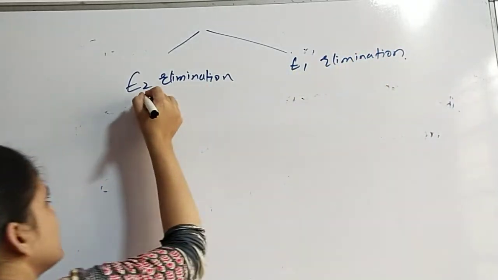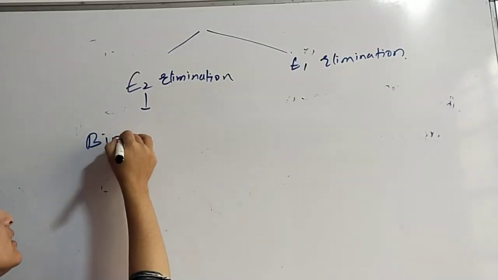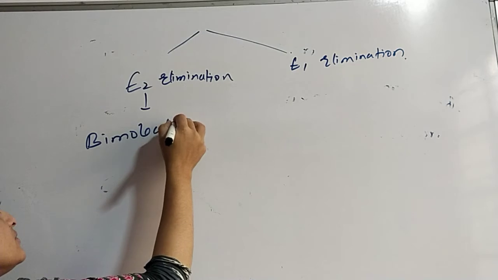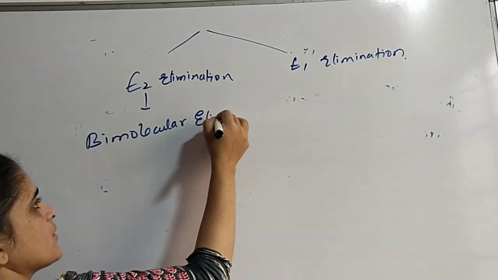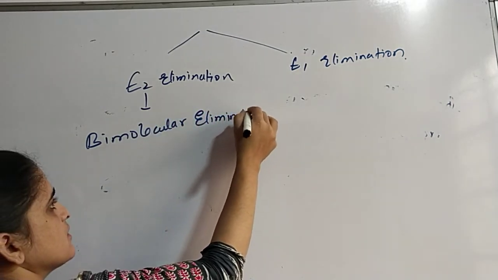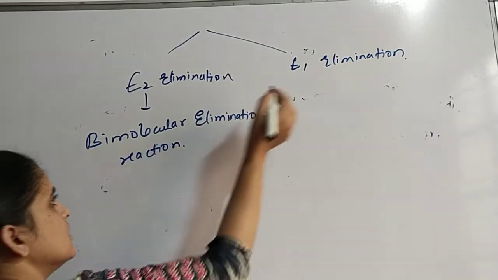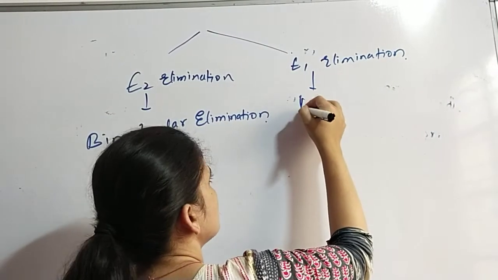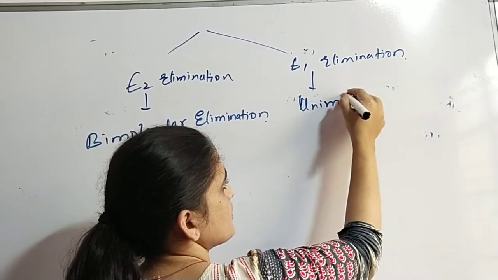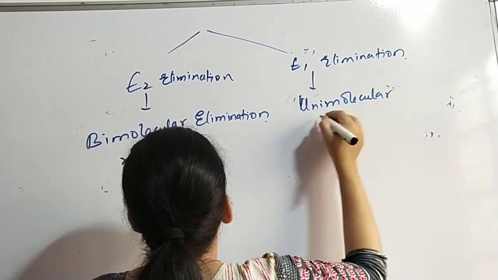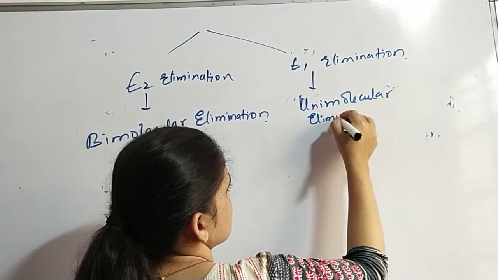E2 elimination is a bimolecular elimination reaction. E1 is simply a unimolecular elimination reaction.